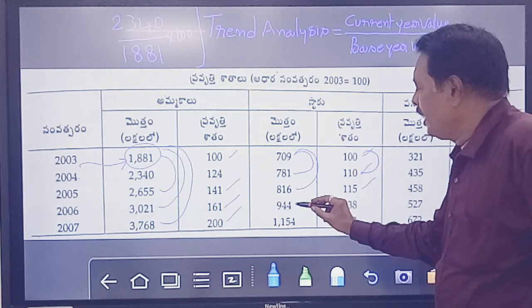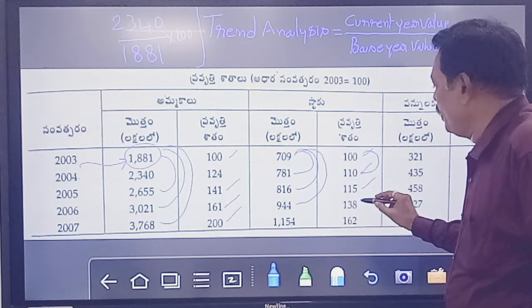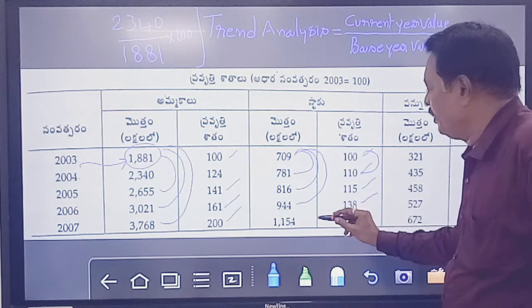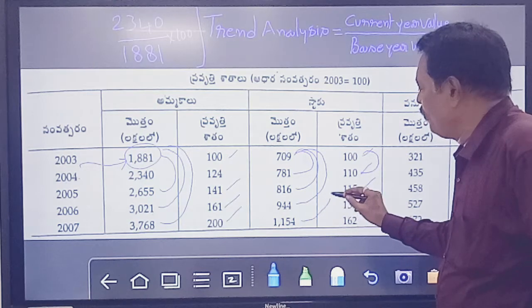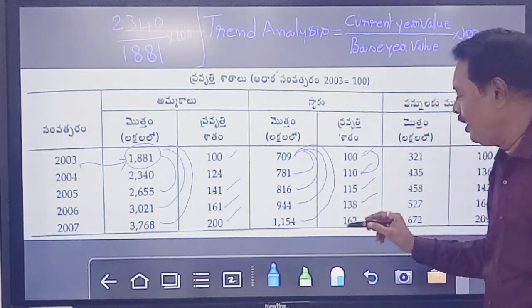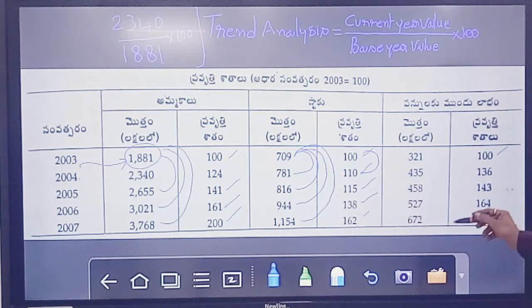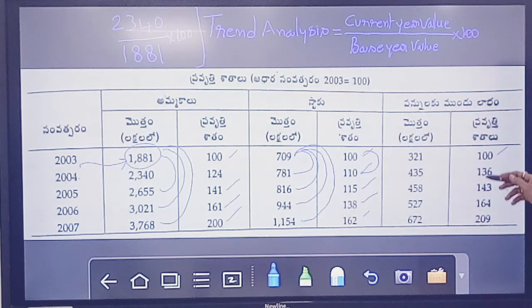Like this, 944 divided by 709 into 100, we will get 138. Like this, 1154, current year value, by base year value 709, into 100, we will get 162. Like this, with the help of this formula, we can calculate profit before tax also.